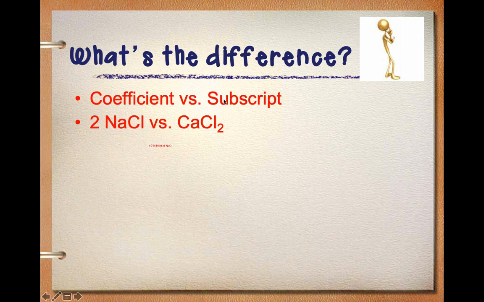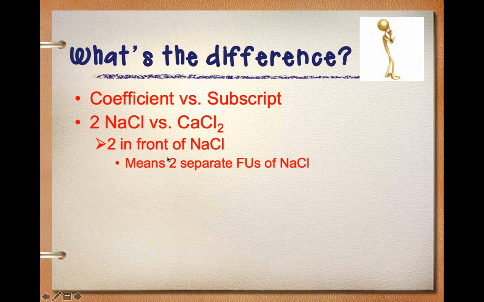That's a subscript. So what does that mean in terms of chemistry? The 2 in front of NaCl is a coefficient. It means there are 2 separate formula units of NaCl. A formula unit is a compound that's bonded out of ions. So 2 separate formula units: NaCl and a separate NaCl. That's what this means.